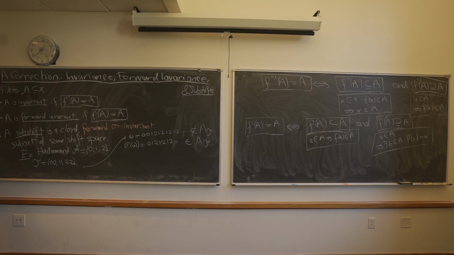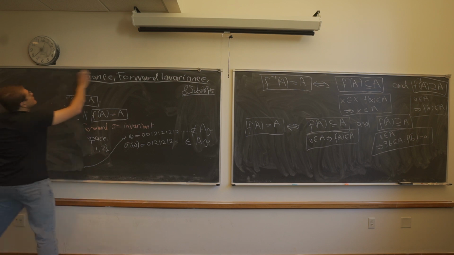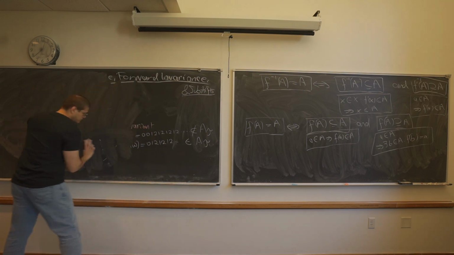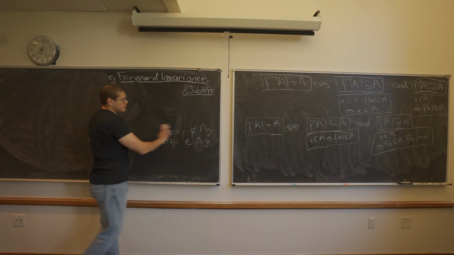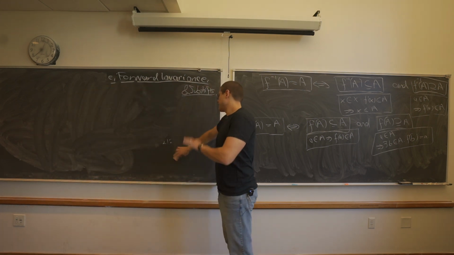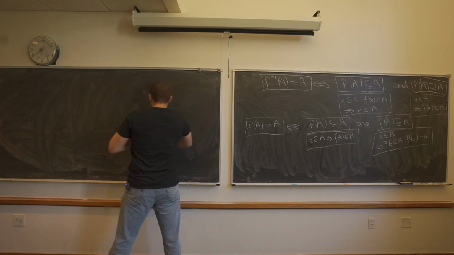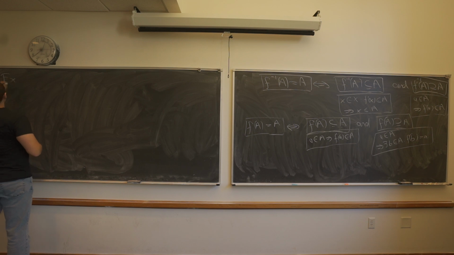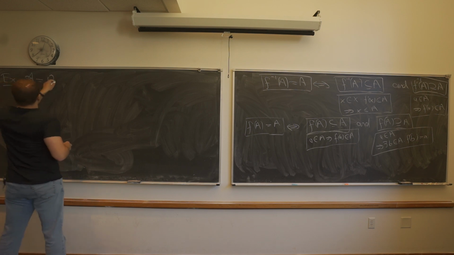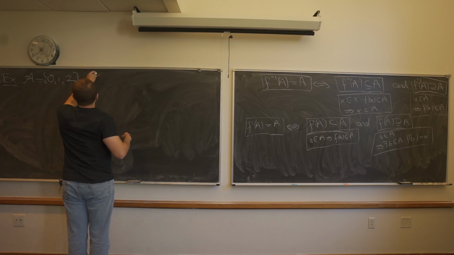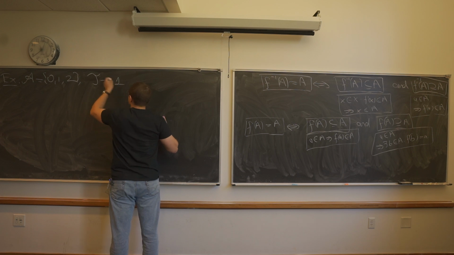Okay, let's get back to this example that we were discussing last time. I took the alphabet 0, 1, 2, and as my taboo word, I said, okay, the only taboo word is the word of length 1 that is just 1. So my alphabet is 0, 1, 2, and my set of taboo words just has 1.